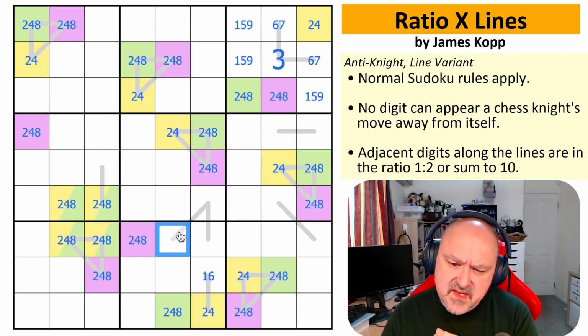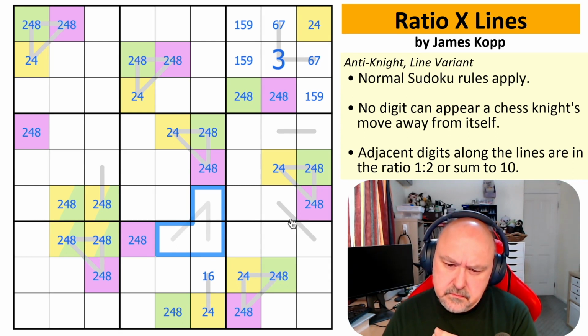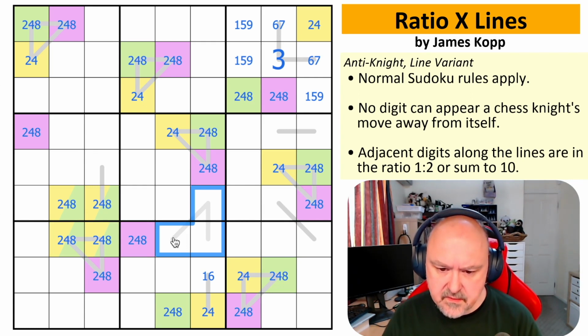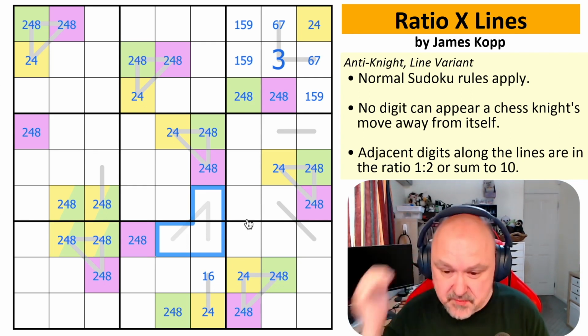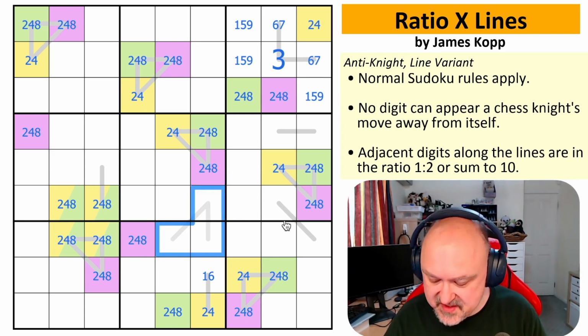So is this line similarly restricted? This crosses boxes. I can't put 5 on it. Yeah, I'm going to pencil mark all of the digits.